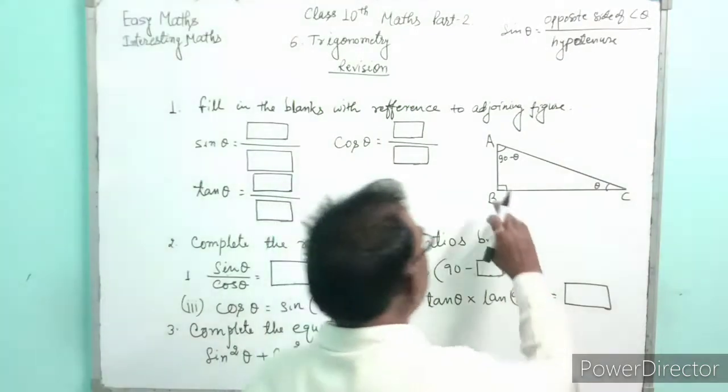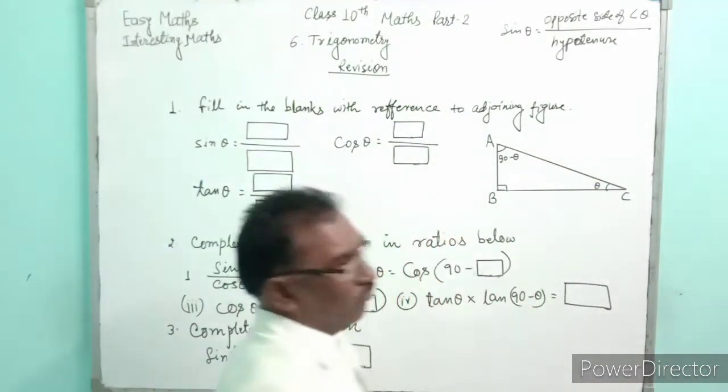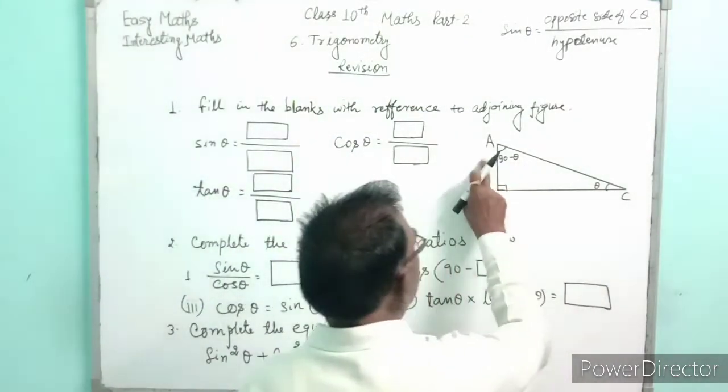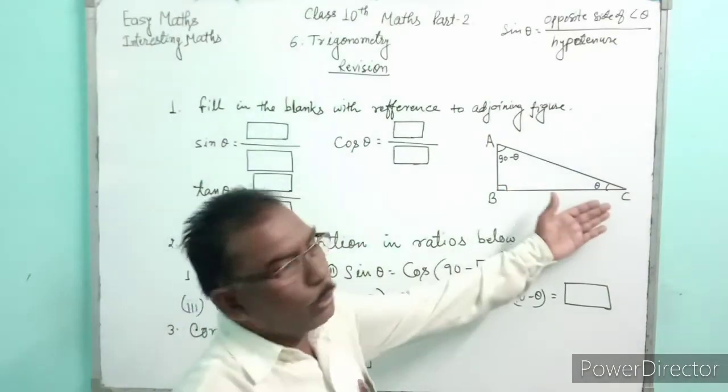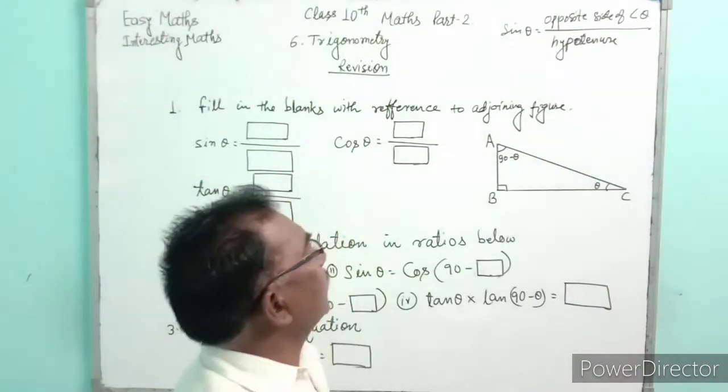So in triangle ABC, angle C is equal to theta. Therefore, side AB is the side opposite to angle theta and AC is the hypotenuse.